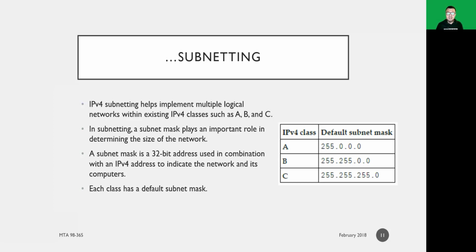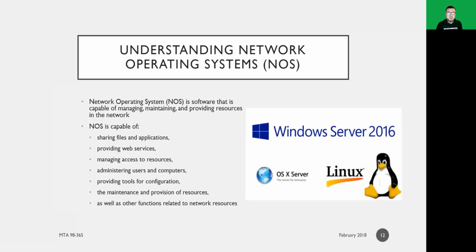There's also classless inter-domain routing, CIDR, which is a more rational usage of the IP addressing scope. Based on the classful subnetting, for class A we have 255.0.0.0. For class B we have 255.255.0.0, and for class C we have 255.255.255.0.